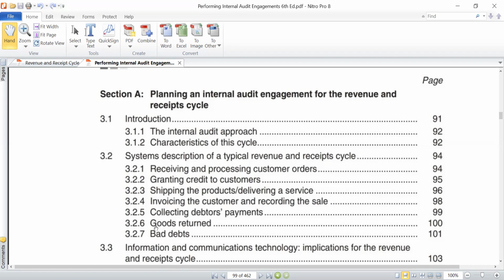And then in certain instances, you might have circumstances whereby a consumer may not be happy with a service or with a product that you've sold to them. So that's where goods return comes into the picture.